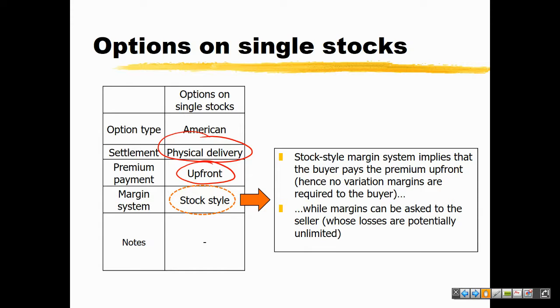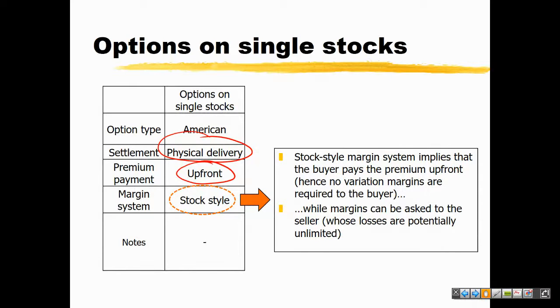So, given that for the buyer the maximum loss is the premium, but you pay the premium immediately, the first day you cannot lose any more than that, and as a consequence, in this case, you have the margin system which is called stock style. It means that the margin system for the buyer is non-existing. The buyer only pays the premium upfront, and that's it, okay?